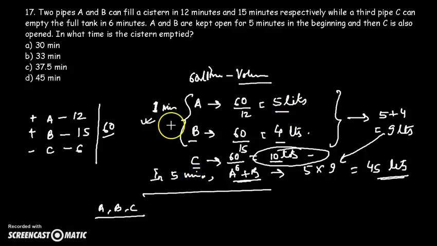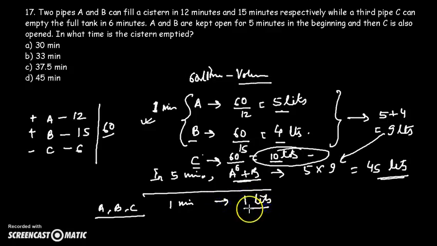Now you see in 1 minute A pours in 5 liters, B pours in 4 liters, but in 1 minute C pours out 10 liters. Total, when A, B and C are working, in 1 minute, the tank is getting emptied by 1 liter.